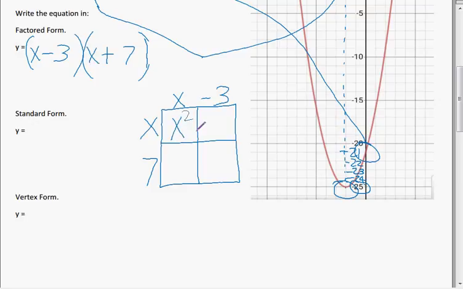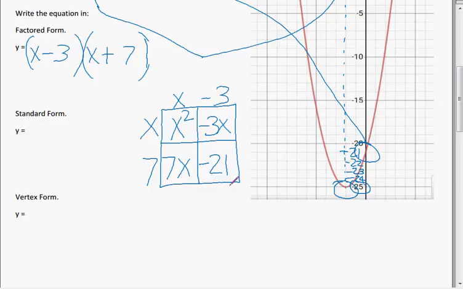I get x squared. Negative 3 times x gives me negative 3x. 7x gives me 7x. 7 times negative 3 gives me negative 21.